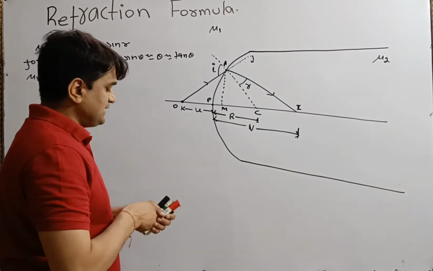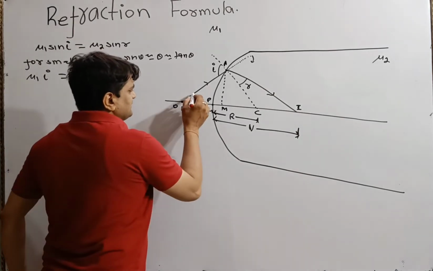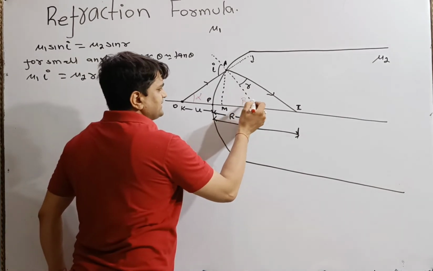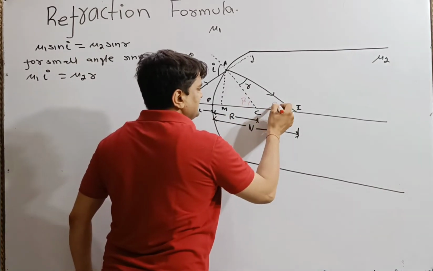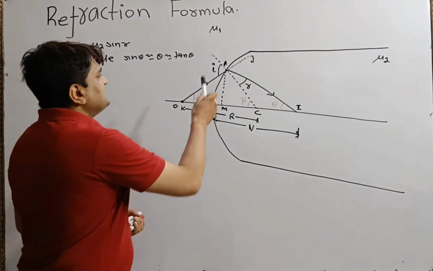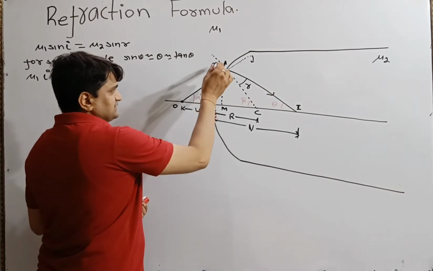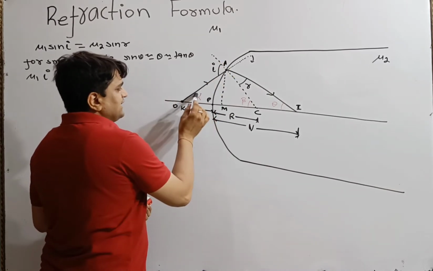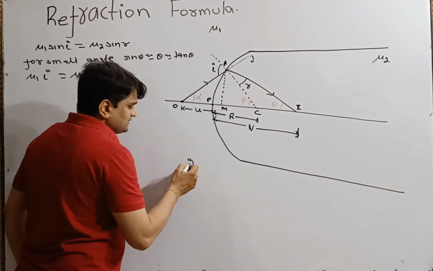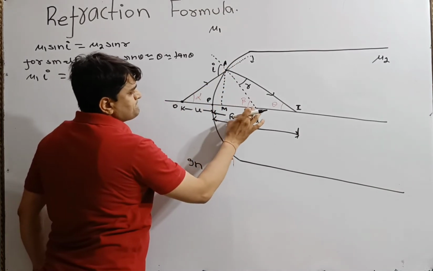Okay, now we know that, let us call this angle alpha, this angle beta and this angle theta. Now we know that the exterior angle must be equal to the sum of the interior angles. This is the exterior angle, and alpha and beta are interior angles in triangle AOC.